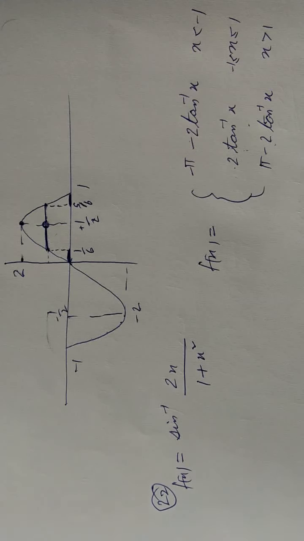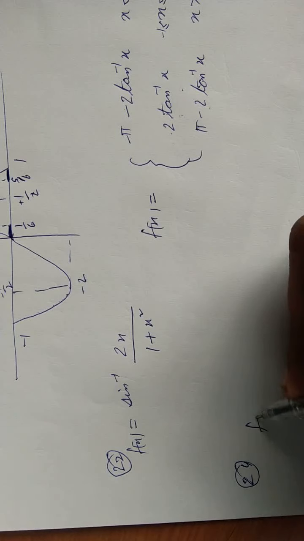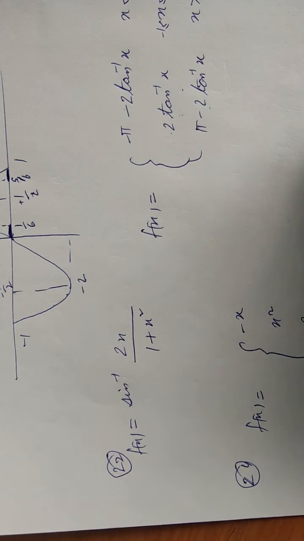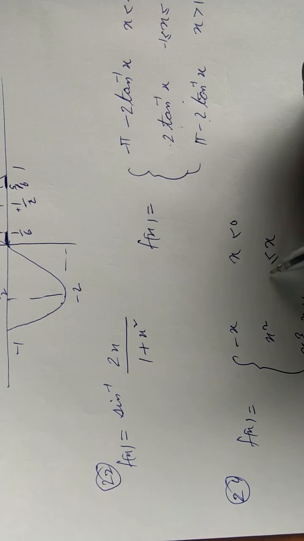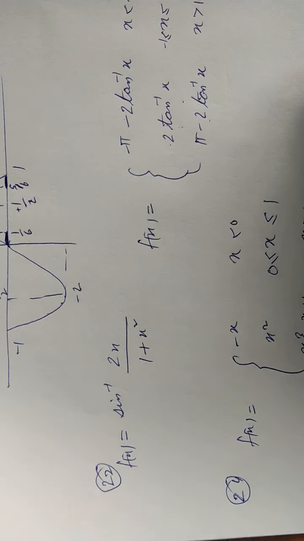Question number 24. That's easy. That's very easy anyways. So f(x) is equal to -x square, and x cube - x + 1 when x is less than 0, x is between 0 and 1, and x is greater than 1.